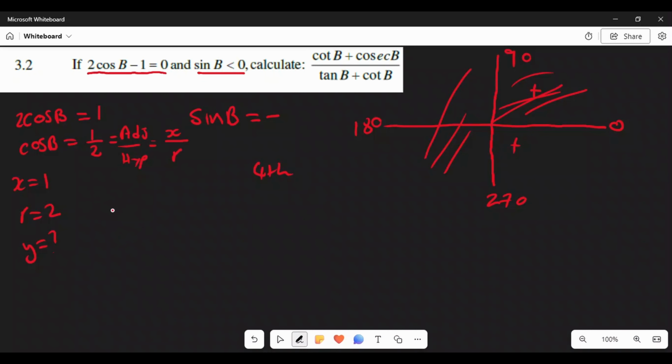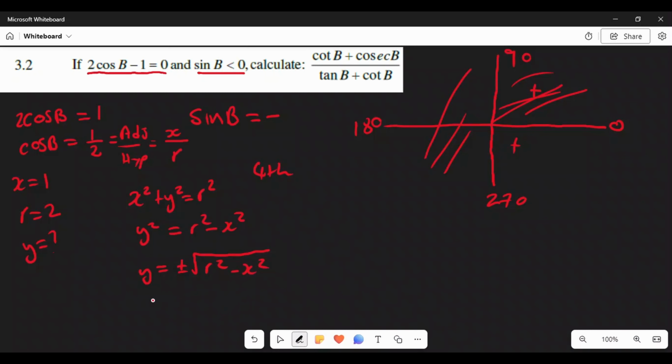So for our y, we're gonna use the Pythagoras theorem to find y. So let's do it here. So x squared plus y squared is equaling to r squared. Now if we make y the subject of the formula, we're gonna take x to the other side, and then we're gonna have y squared is equaling to r squared minus x squared. Then from there we square root, we're gonna have y, and this is gonna be plus or minus the square root of r squared minus x squared.